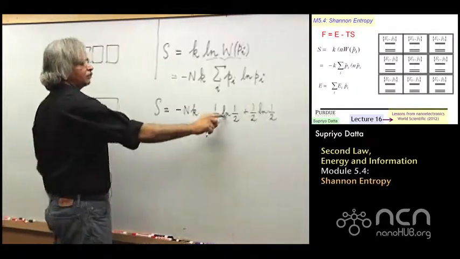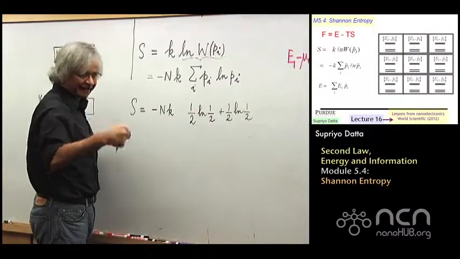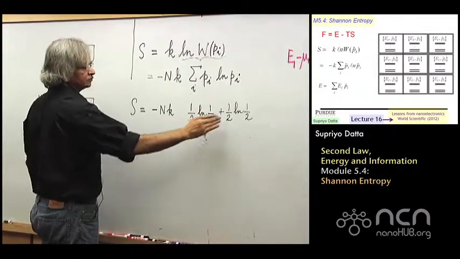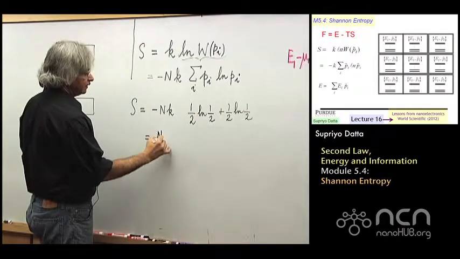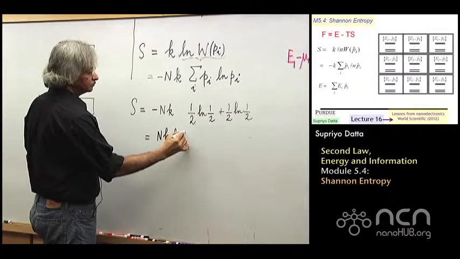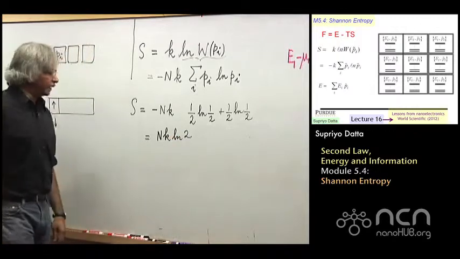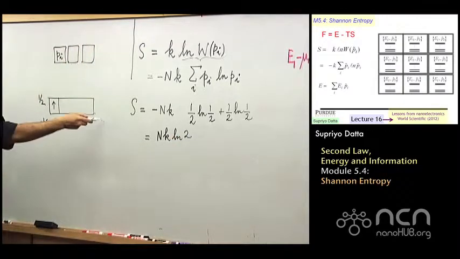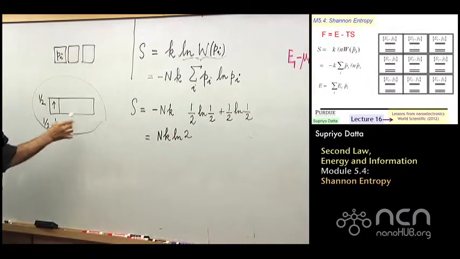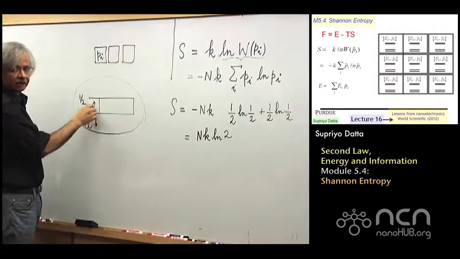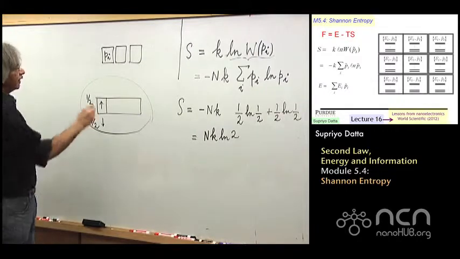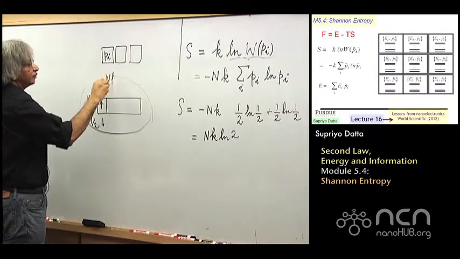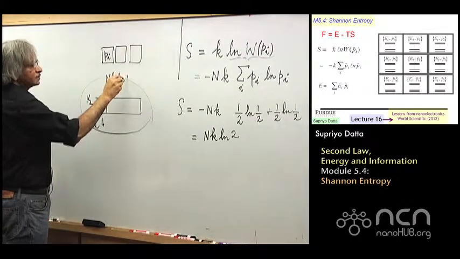And log of a half is, of course, negative logarithm of 2. And so there are two of them, the half cancels. So finally what you get is nk log 2. So the entropy then of a collection of spins, each one of which can be in this up or down state, overall entropy would be nk log 2 if it is random.